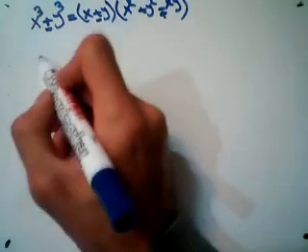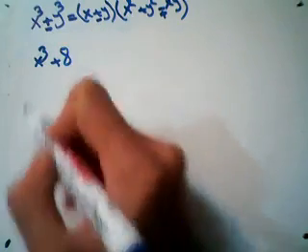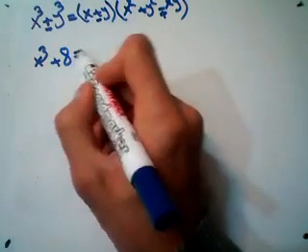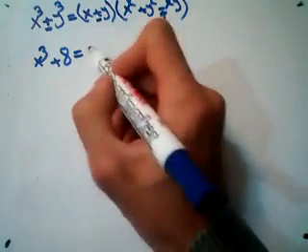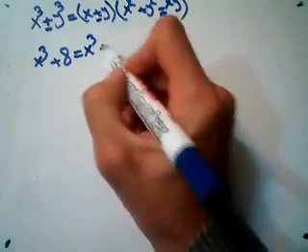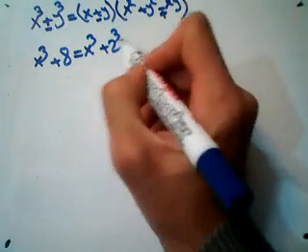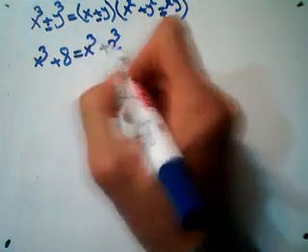Factor x cubed plus 8. This is x cubed and this is 2 cubed. So x cubed plus 2 cubed. Here y is 2 and we have the plus version.